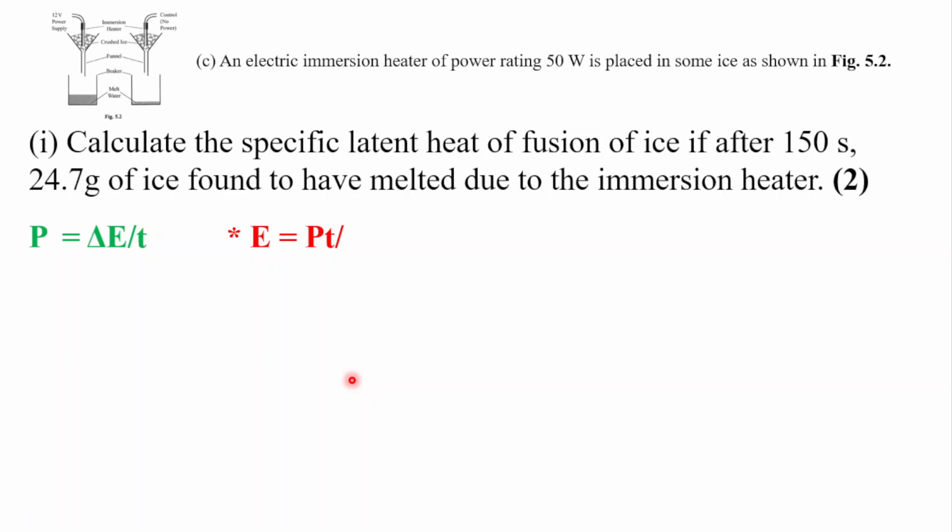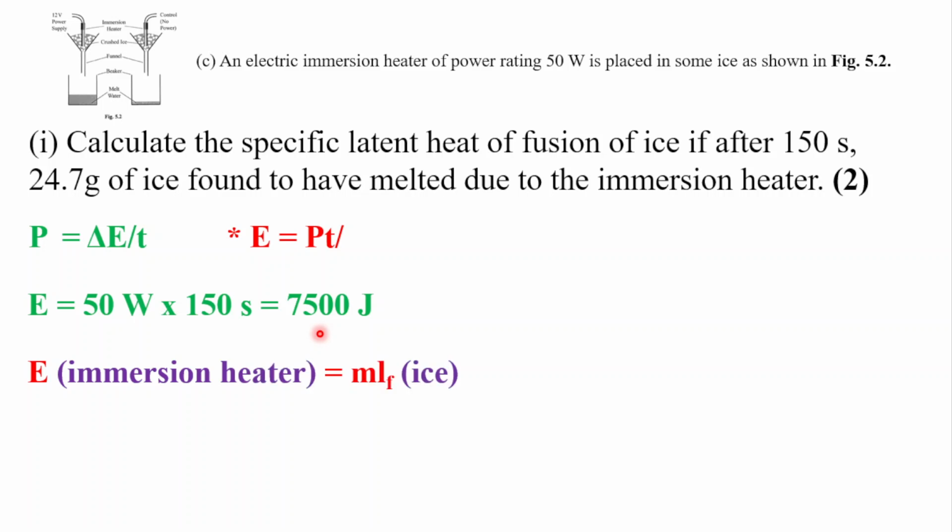Our power is 50 watts, as in the statement above, and we multiply that by the time, which is 150 seconds. That is the energy supplied by the immersion heater: 7,500 joules.